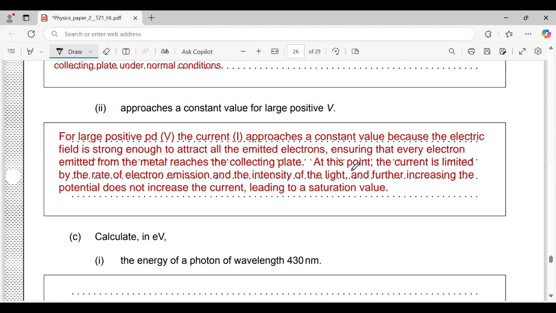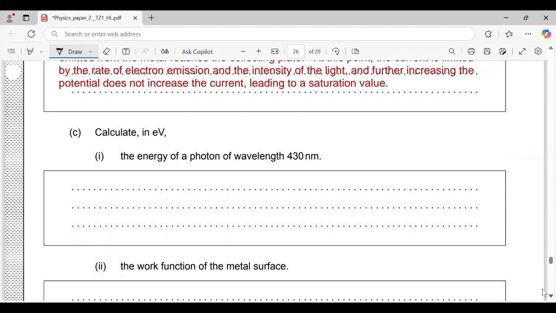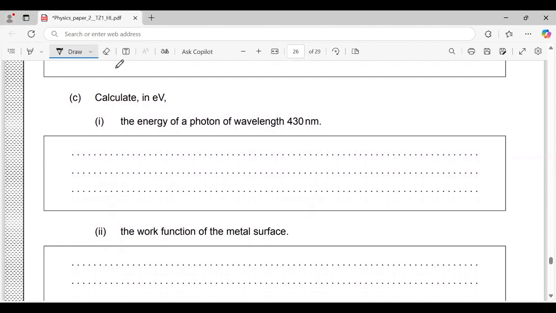At this point, the current is limited by the rate of electron emission and the intensity of the light, and further increasing the potential does not increase the current, leading to a saturation value. Again, you may add your opinion, sentences, or words based on your analysis.